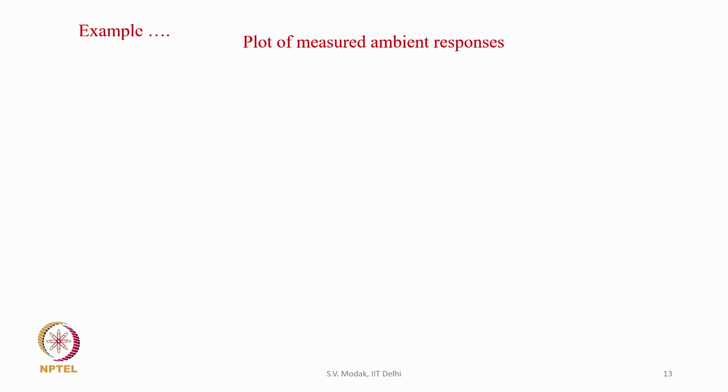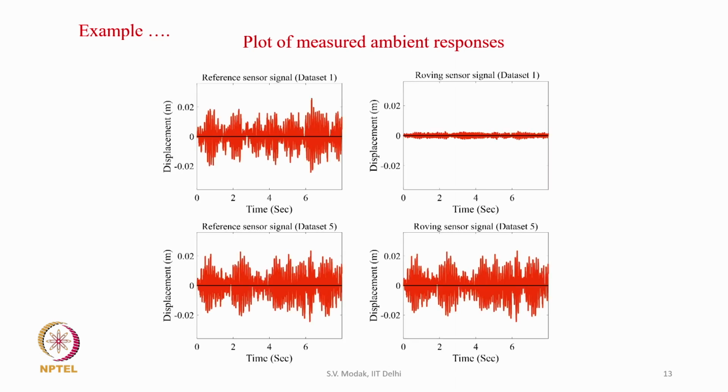Let us look at plots of some of the measured ambient responses. First we have the 2 plots from data set 1. This is the reference signal, the random ambient response, and this is the roving sensor signal.